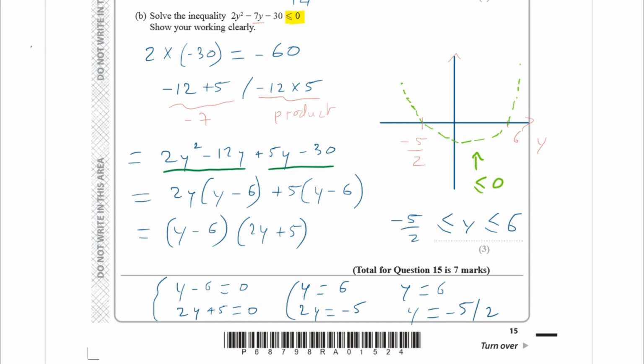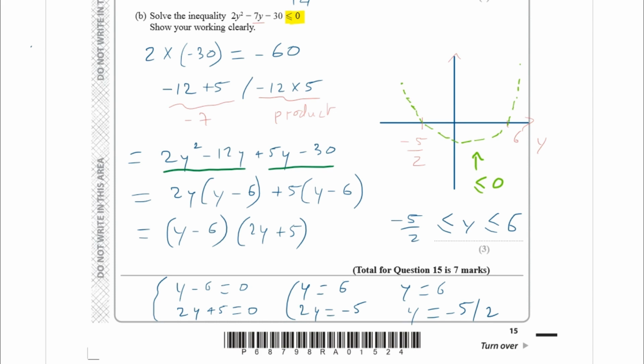Because if y is equal to negative 5 over 2, the expression will be equal to 0. Now we're saying smaller than or equal to 0, which means equal to 0 is also accepted. You don't just reject the solution 0. 0 is actually fine. And all the other values between negative 2.5 and 6 are going to be negative, and that's totally fine, which is what we wanted. And we get 7 marks here.